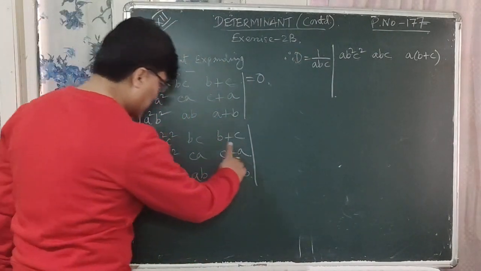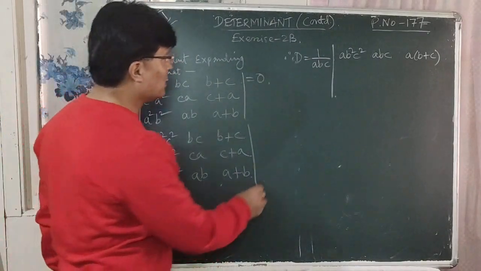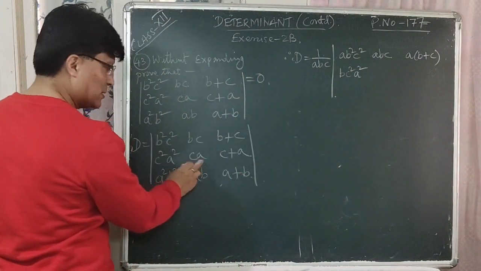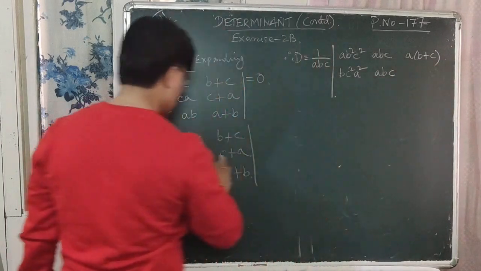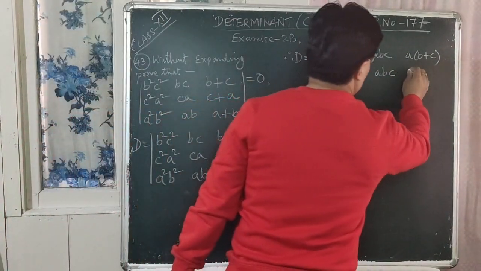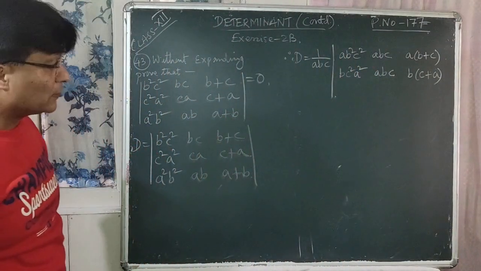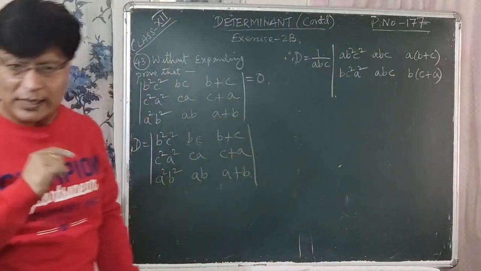So multiply this second row by B. So what do we get? B c square a square, isn't it? Now this is AC into B, ABC. Now this is B into C plus A. This is B into C plus A, right? Is that clear?